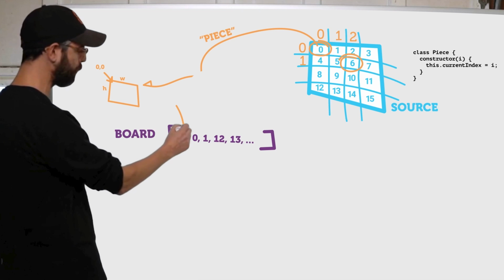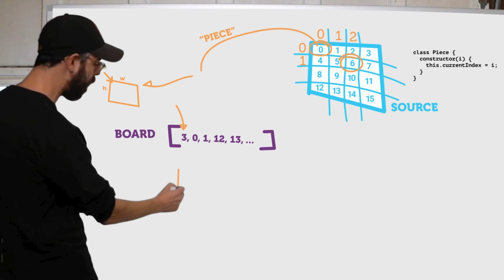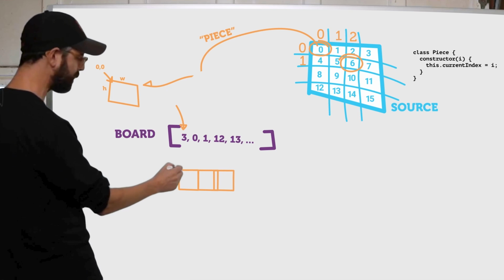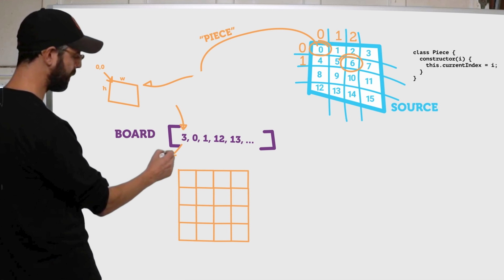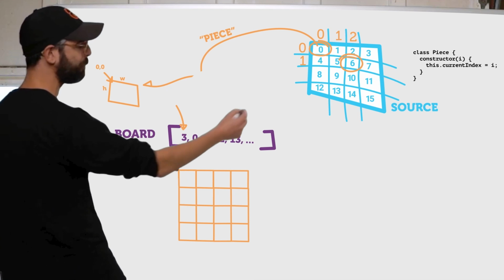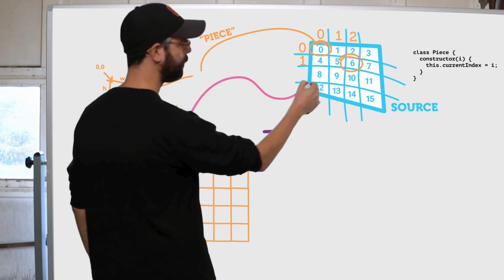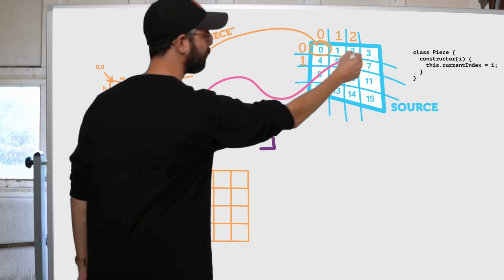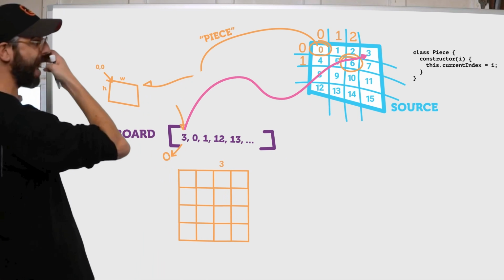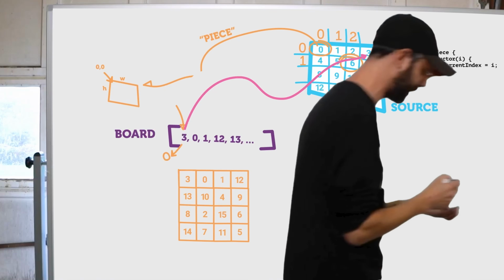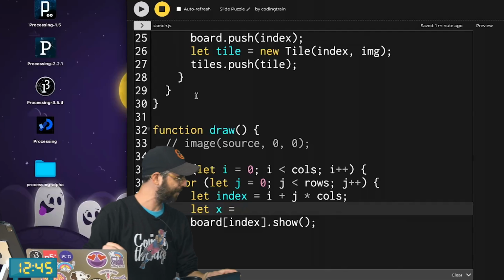As I go through, I draw the image at that spot, like the 0 spot, what the 0 spot would be X and Y, but I go look up image 3, or index 3, from my array of all of the tiles. I don't know if that made sense, but I had to walk over to the whiteboard to sort of think through that.